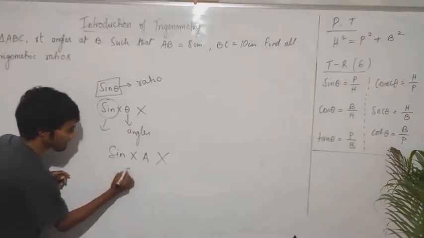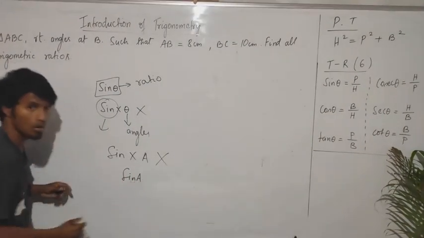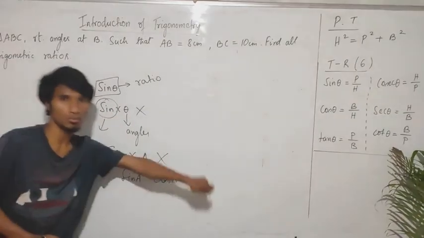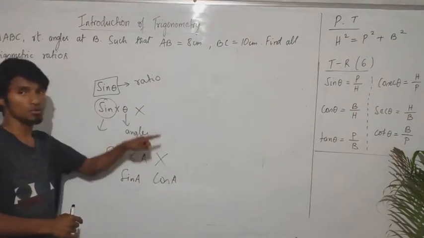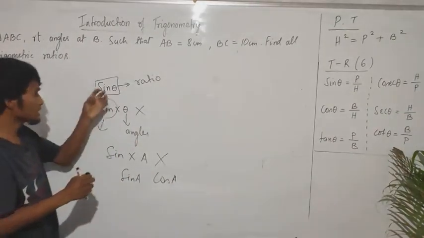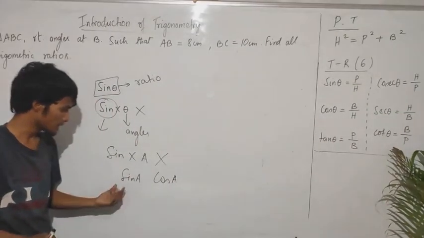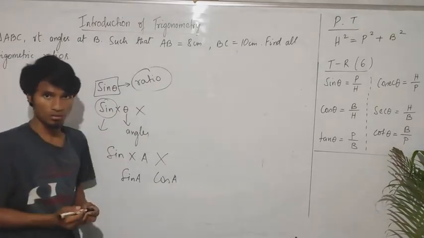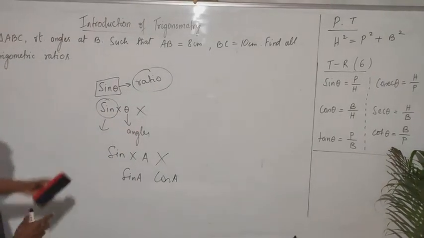Once we write sin A or cos A, don't write cos into A or sin into theta. Always sin theta. Sin theta will be one number, and sin A also will be one number. That number will be the ratio. Okay, remember this. I forgot to tell you from the beginning.